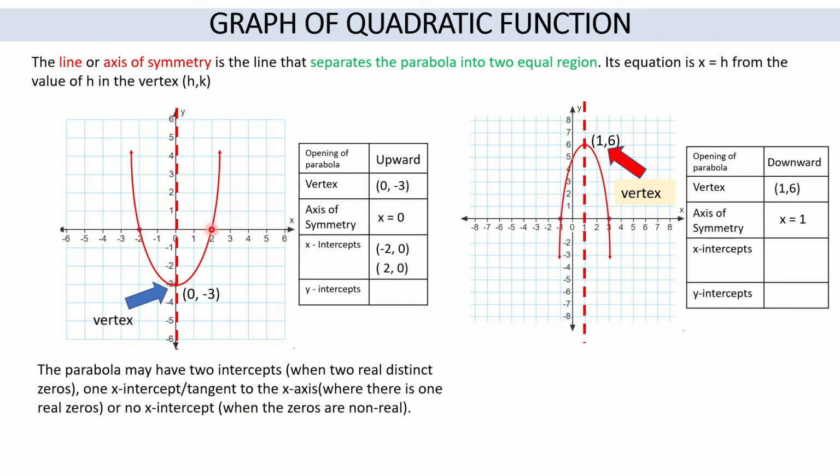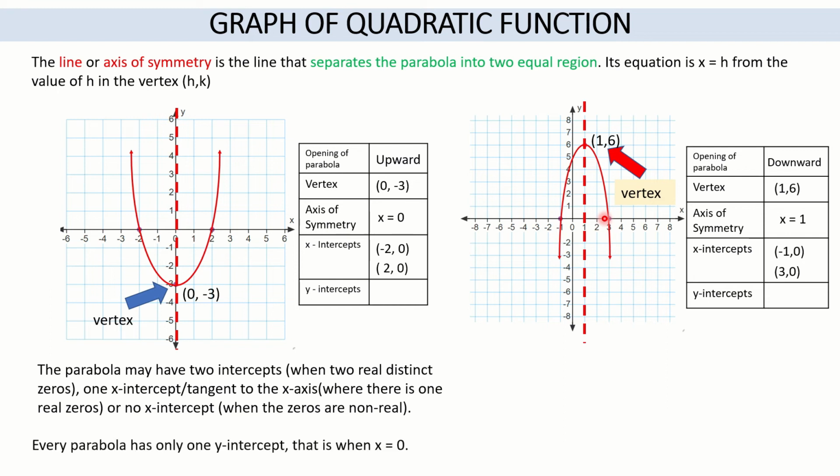Since the parabola touches the x-axis, we have two points: (-2, 0) and (2, 0). On our example number 2, the intercepts are at (-1, 0) as well as (3, 0).